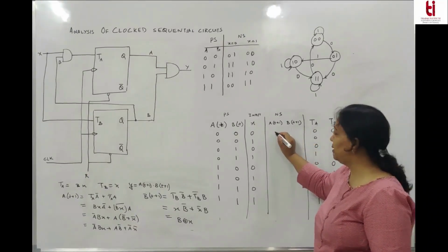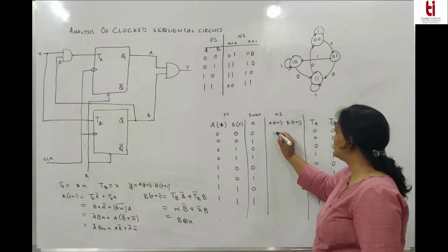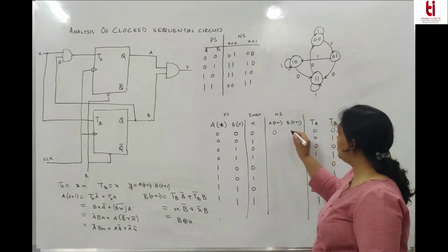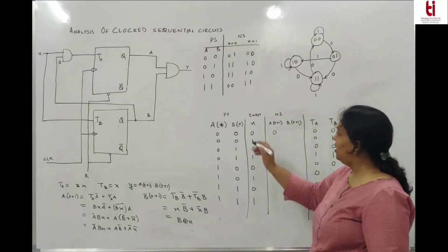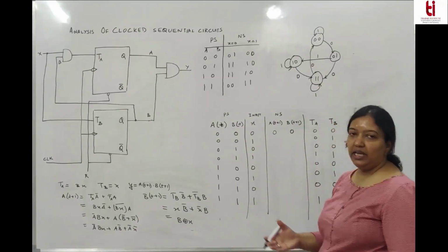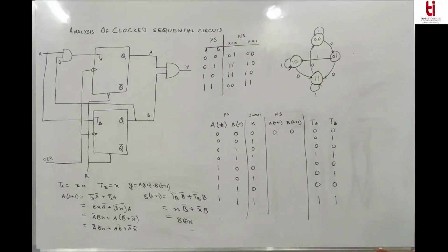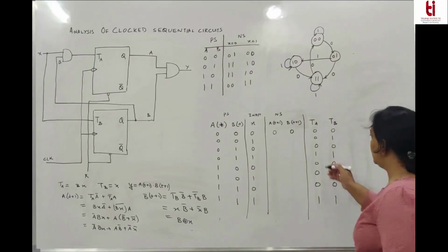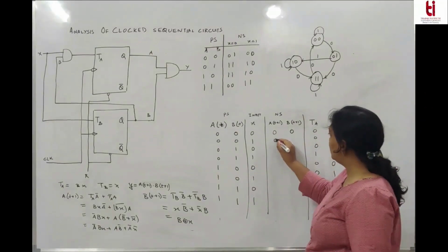It will be the same as the previous value. If A is 0 and TB is also 0, then the next state output will be the same as the previous value. If TA is 1, the next state output will be the complement. Again TA is 0, so it remains the same.